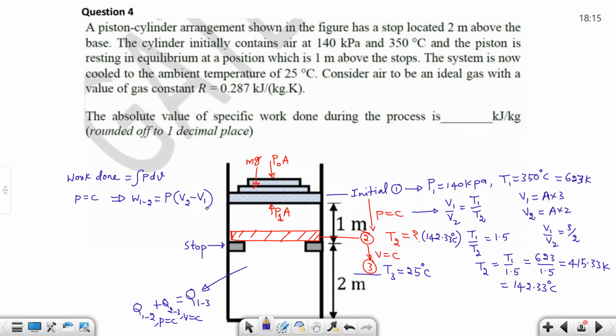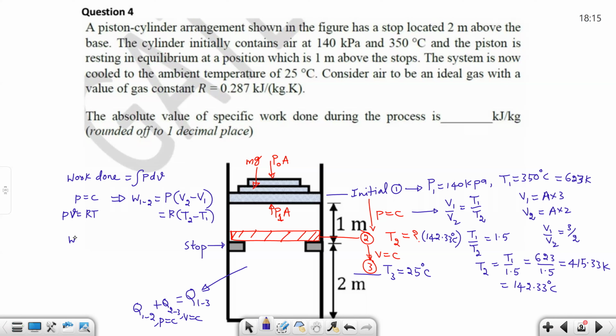And we know that from the ideal gas equation, PV is equal to RT, because it is asked kilojoule per kilogram, so we take specific volume. So this will be, maybe you can write as R into T2 minus T1 from the ideal gas equation.